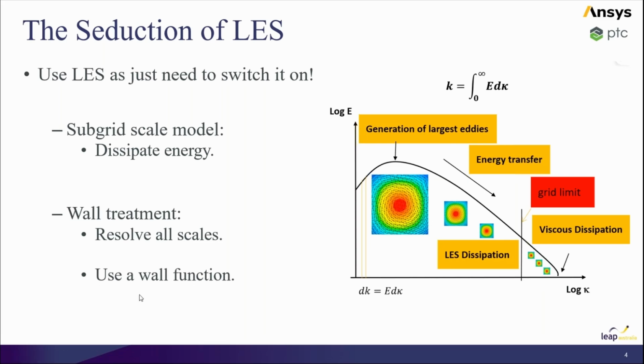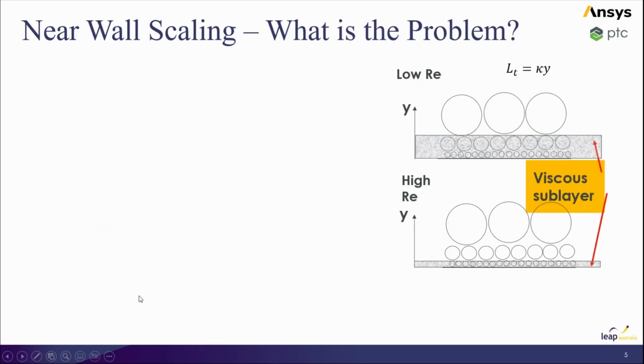So let's have a look at what's going on in there. So why is there a problem? Let's have a look at here. We've got a boundary layer. So the horizontal surface is a flat plate here, and we've got a low Reynolds number and a high Reynolds number.